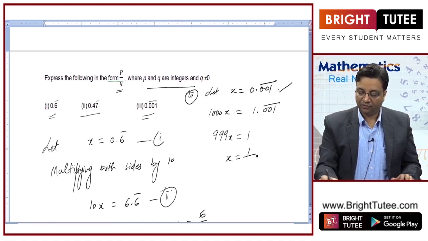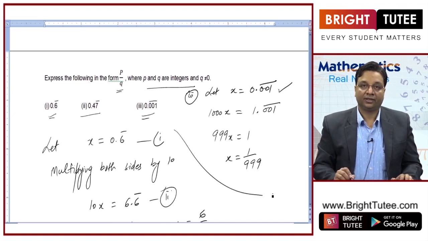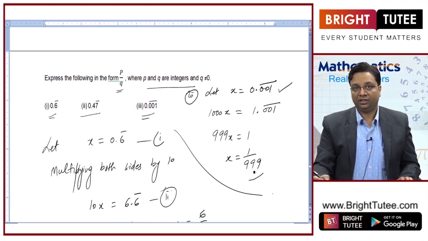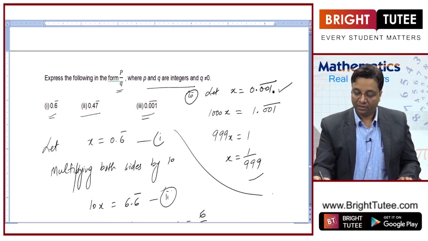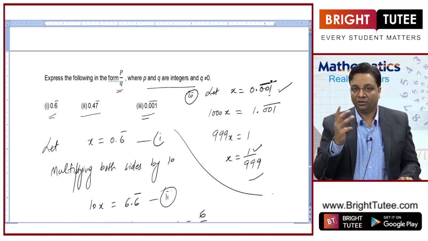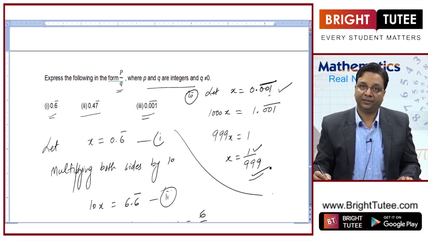So x is equal to 1 upon 999. And this can also be done using the shortcut, because I do not have any non-repeating digit on the right hand side. So I'll simply take this number 1 in the numerator, and how many numbers are in the repeating block? 3. So 3 nines in the denominator.